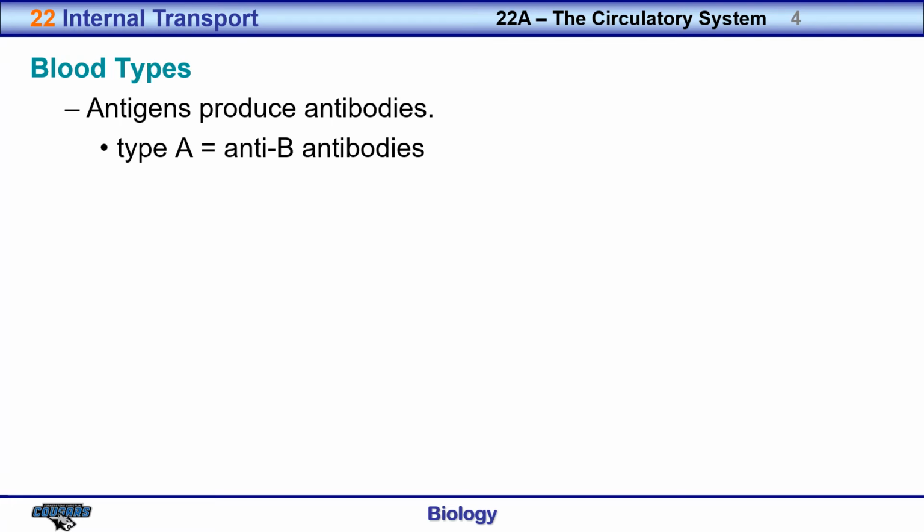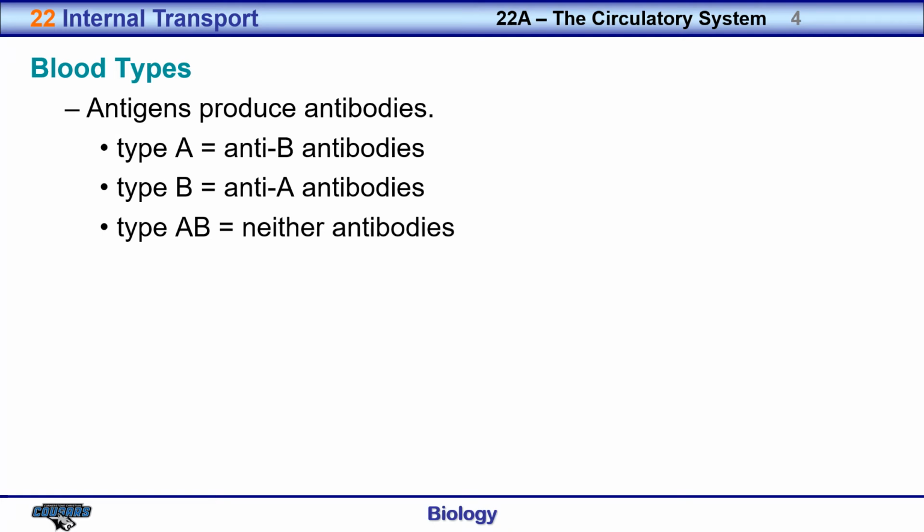The only time it's ever going to come into play is when you have transfusions or when bloods get mixed somehow. So a type A has an A antigen, but anti-B antibodies. It will try to destroy any B antigens. Blood type B has B antigen, and anything foreign to that would be A, and so it has anti-A antibodies.